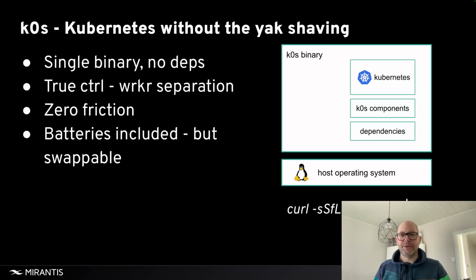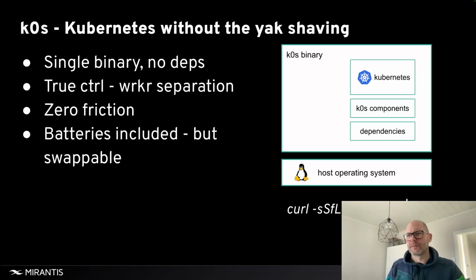And we try to keep the user experience as easy and frictionless as humanly possible. It is still Kubernetes, yes, which means that there is always some level of complexity involved.